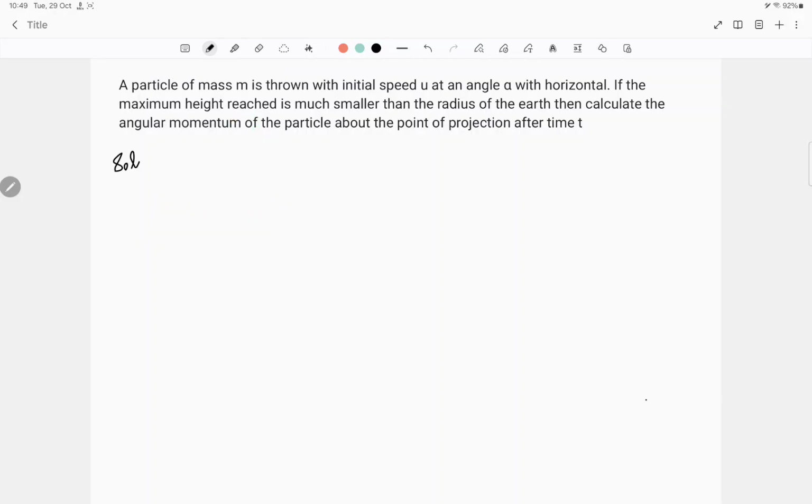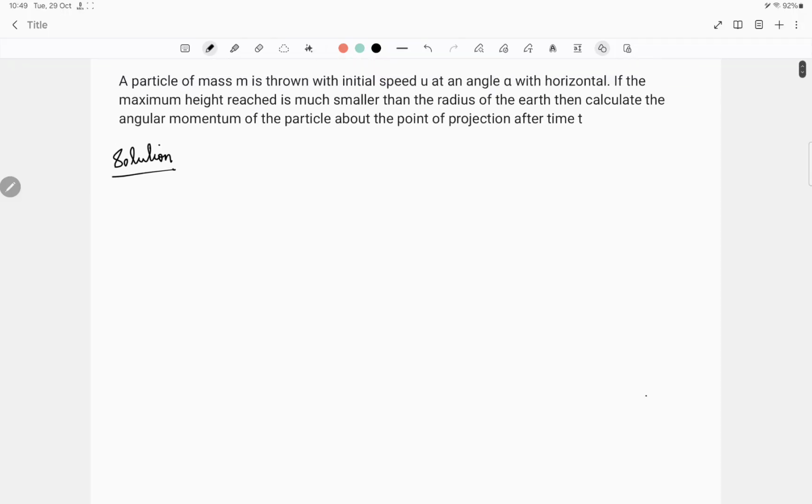Solution. Let's define our axis first: x-axis, y-axis. The particle is thrown like this.